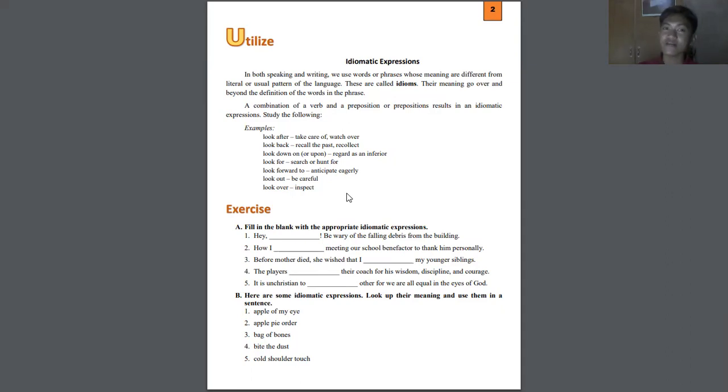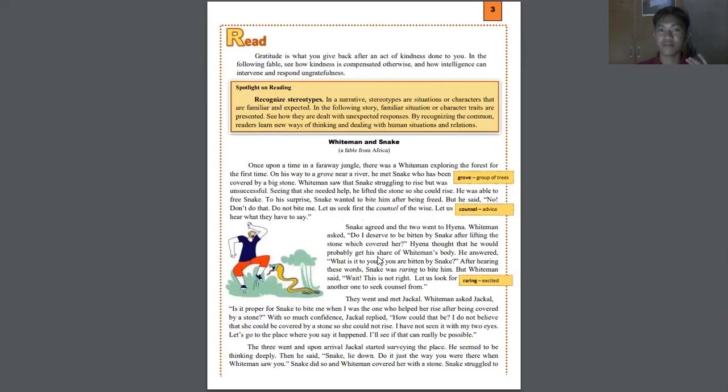For example, here in the idiomatic expression, there is the topic, then the discussion to elaborate further what the topic is all about, and then right after, the students will answer an exercise. It will let the student or the teacher know the learning of the student from the discussion.